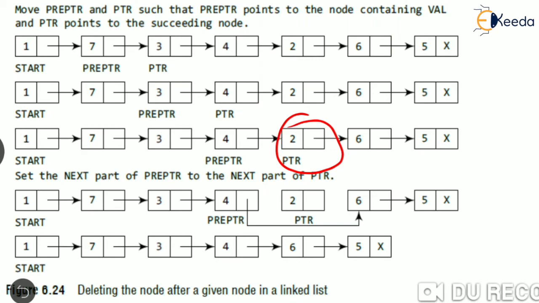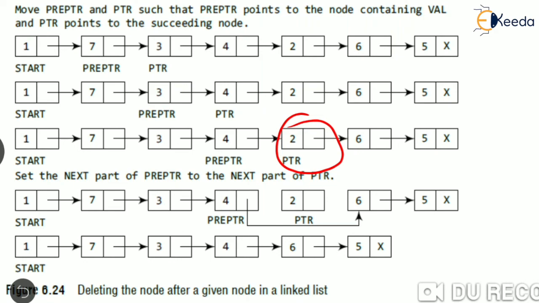So it is all about the game of a pointer. As you understand the game of a pointer, in the previous case we pointed the pointer to null so that the node at the last is deleted.